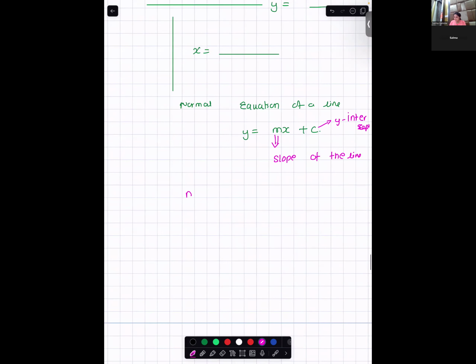If m is positive, then your line will be a diagonal line. If m is negative, then again your line would be a diagonal line.